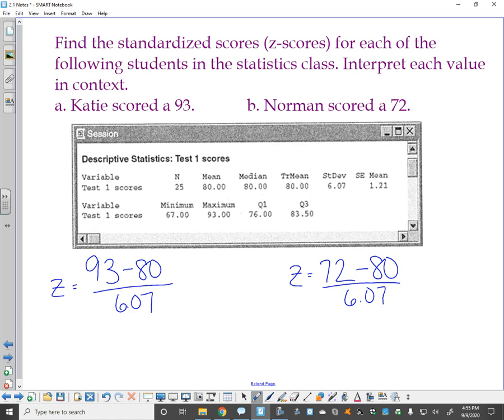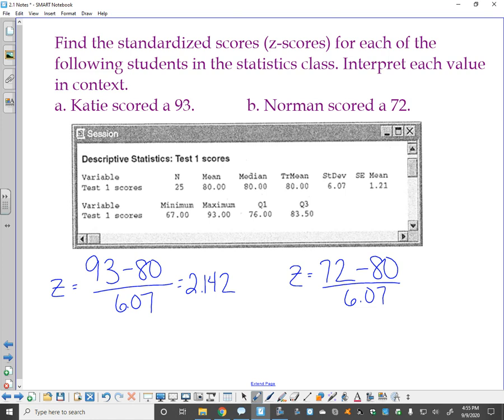So now I'm going to type this in. 93 minus 80, enter, divided by 6.07. Now look, Katie, her z-score is 2.1416, so I'm going 2.142. So look, Katie is over 2 standard deviations above the mean.